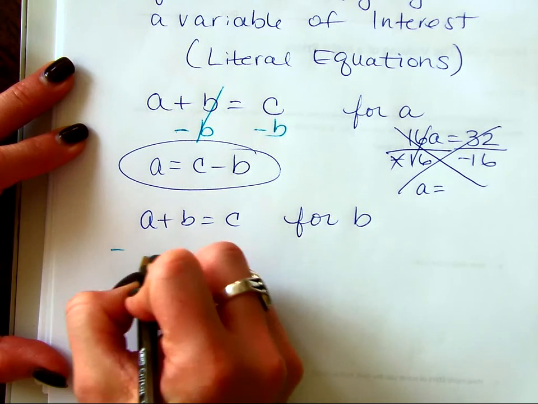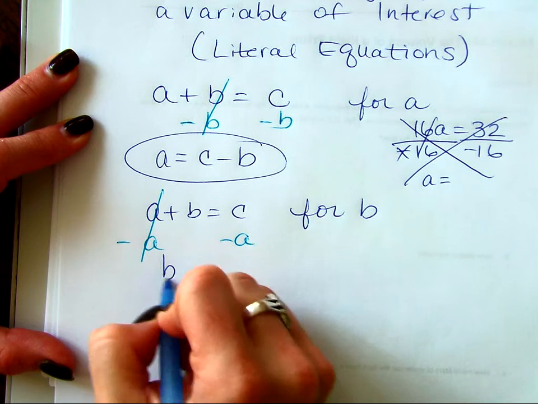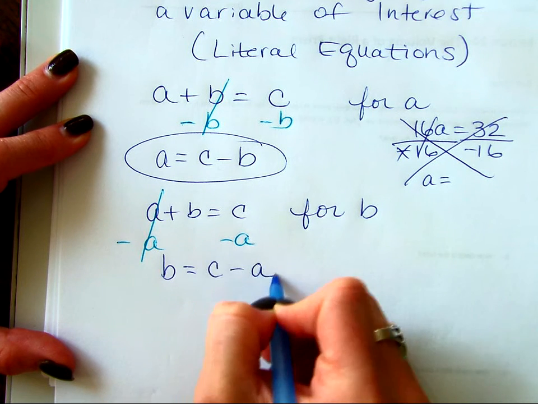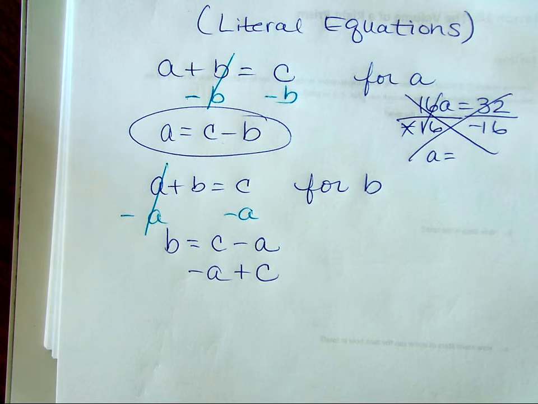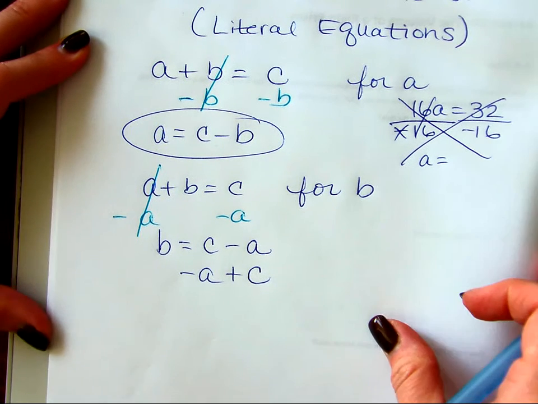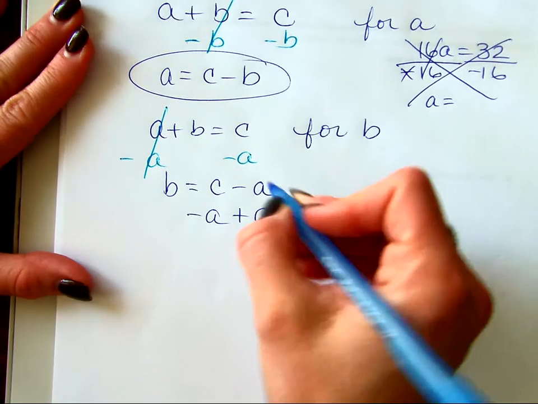So let's subtract A from both sides. And B is highlighted, and you have C minus A or negative A plus C, right? Either answer is acceptable. Okay? So this learning target makes it sound a lot harder than it really is. You're just manipulating equations and rearranging them. So that was an addition.